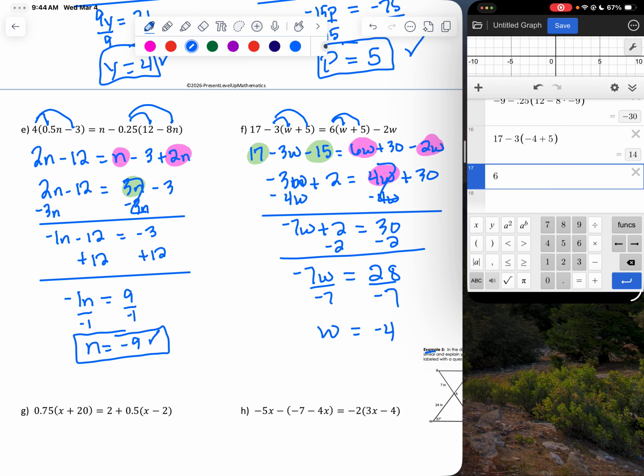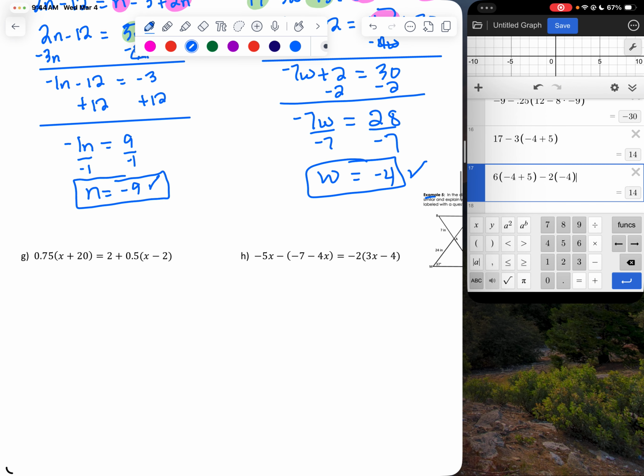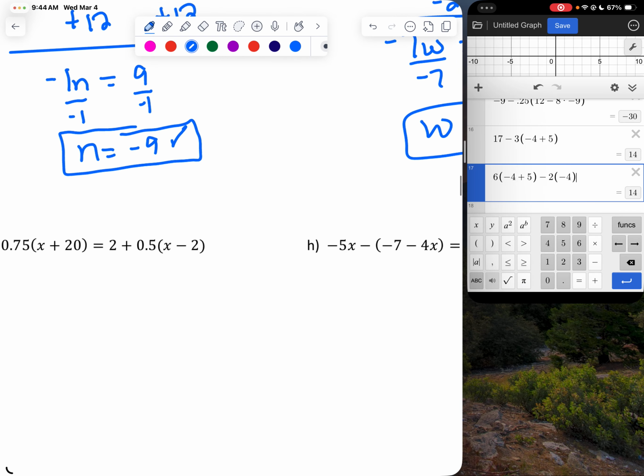On the right side, 6 parenthesis, negative 4 plus 5 minus 2 parenthesis, negative 4. And that side equals 14. So this checks out. Pause the video and correct anything that you might have missed. All right. If you got problem F right, I want you to pause the video again and try problem G on your own.